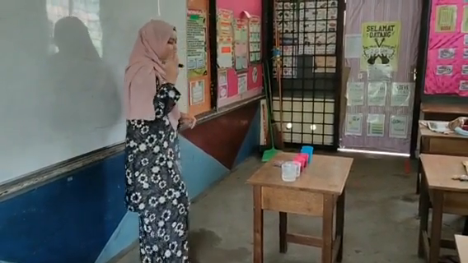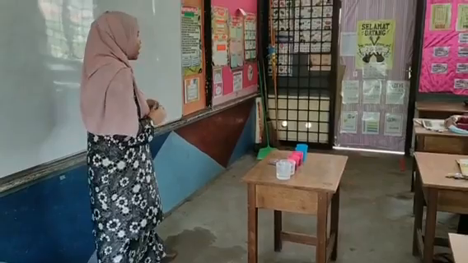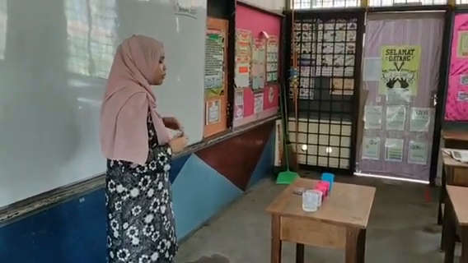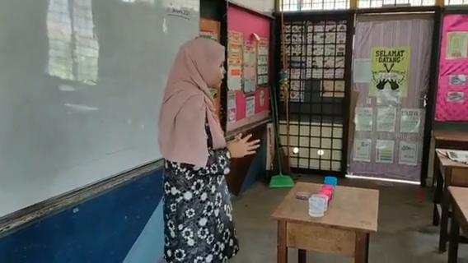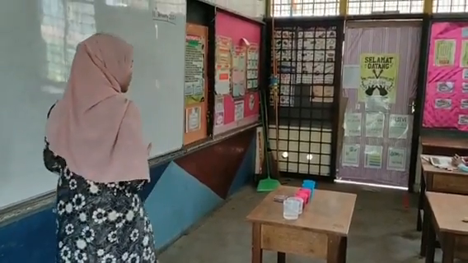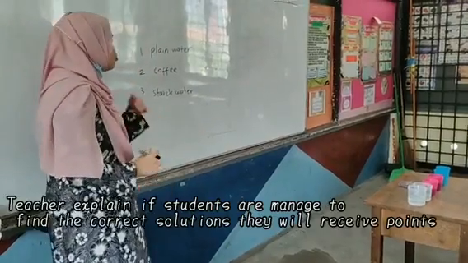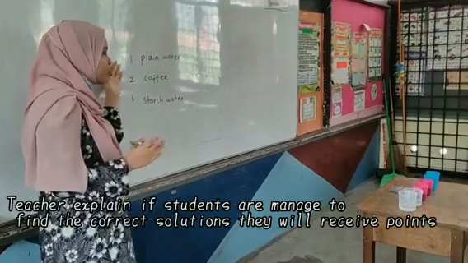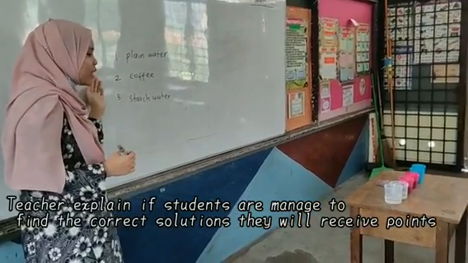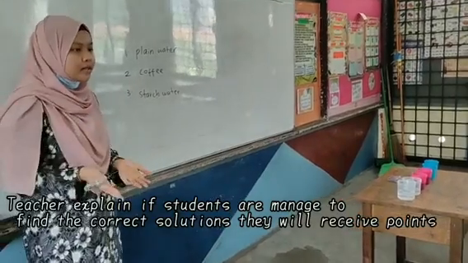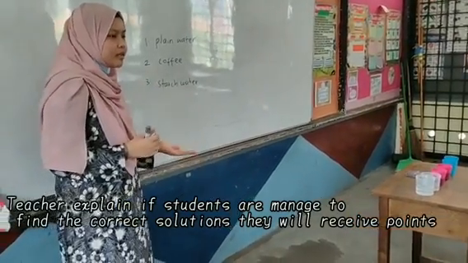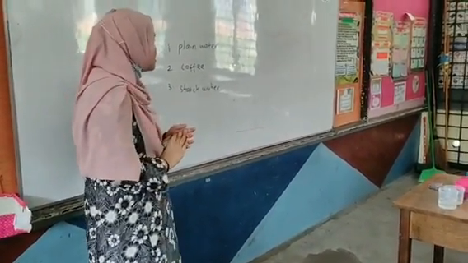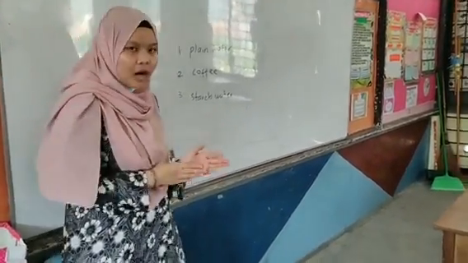For this game, the aim of this game is to choose the correct water. If you manage to find the answer, the solution, you will receive marks. You will receive points. Okay, so let's start.